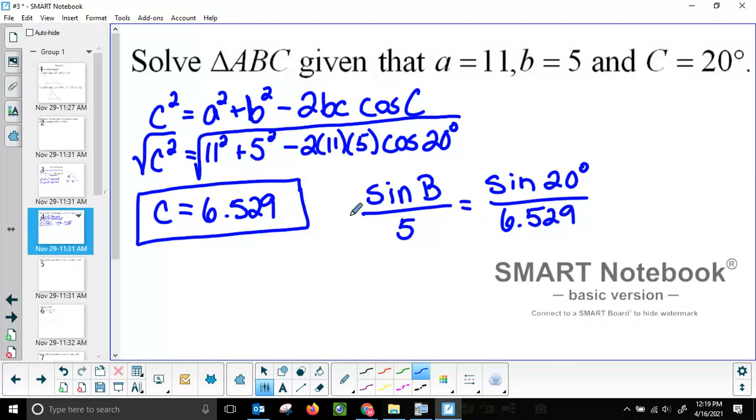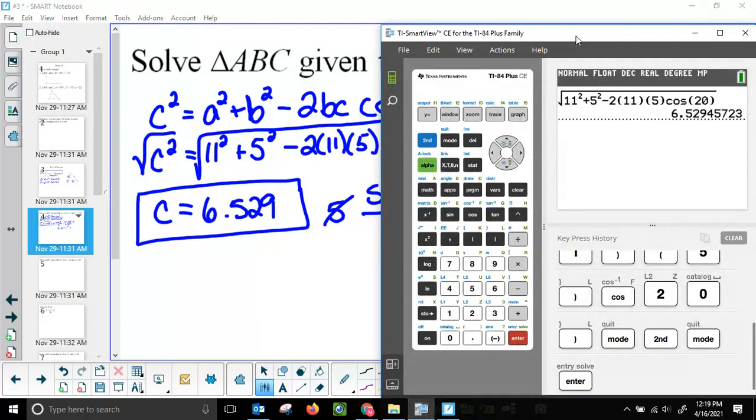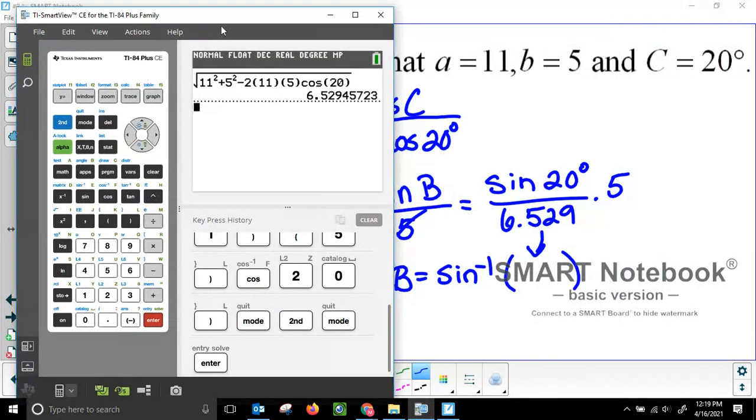Now to solve for B, we've done this before with our law of sines work. We multiplied both sides by 5, so these will cancel. And then, of course, to break apart sine of B, you have to use inverse sine. So angle B will equal the inverse sine of this stuff. We can go ahead and plug that into our calculator.